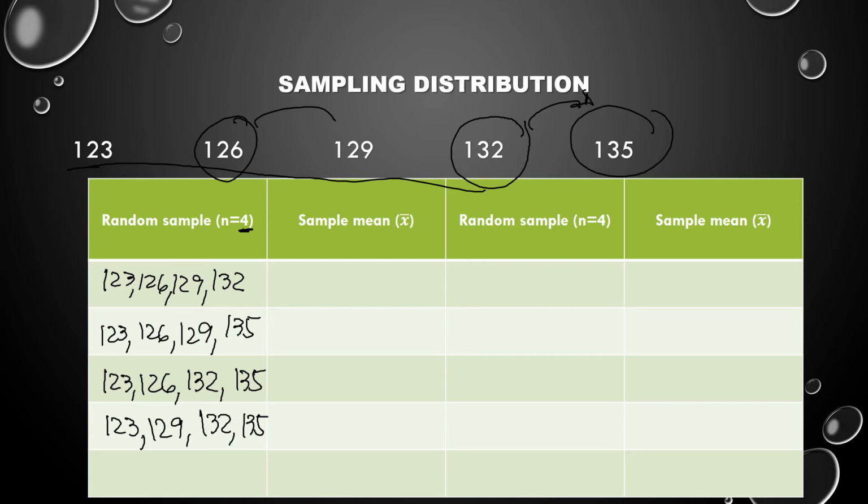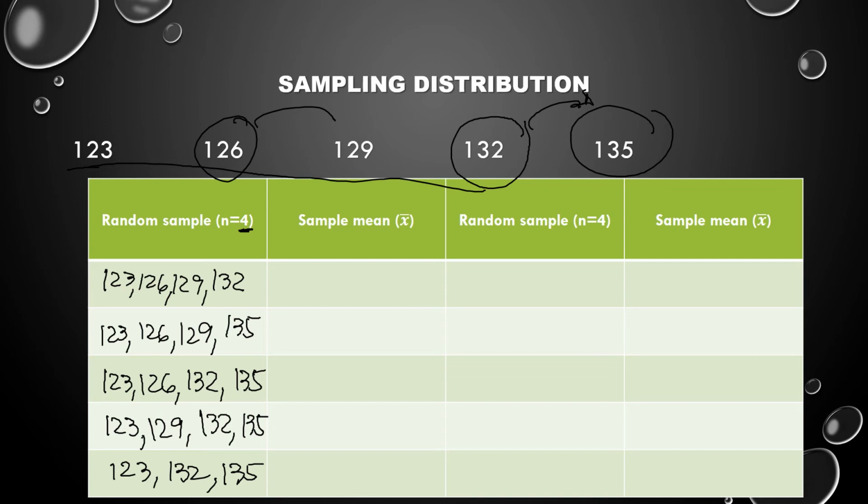But since the third number is 132 and the next number to it is 135, you cannot create a four-number combination. So that means we change our second number. But if you try to look at this, 123, we're changing 129 to the next number, which is 132. The next number to it is 135. We only have three numbers in that combination.